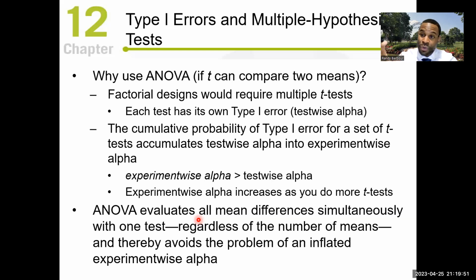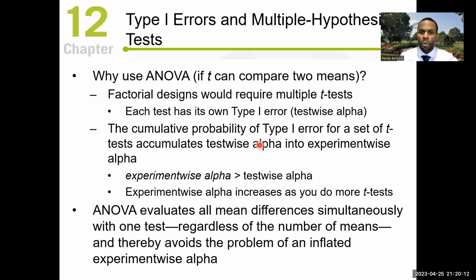I add all three up, right? So I got 5 plus 5 plus 5. That's a 15% likelihood that I'm going to get a type 1 error, simplistically. But imagine if I did the ANOVA, all of the mean differences simultaneously, I reduced that level, right?